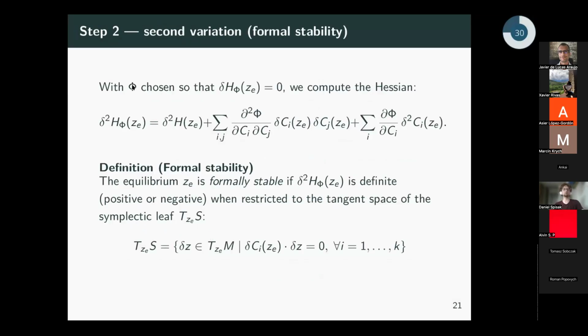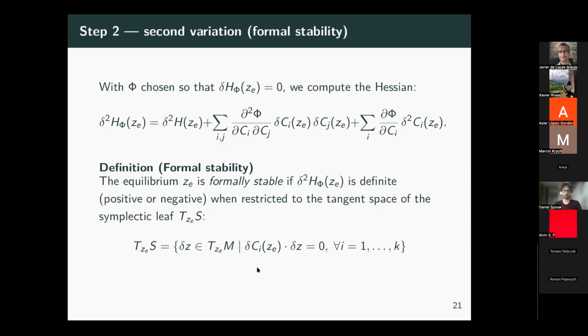So now we have a phi chosen so that the first variation vanishes. Now we compute the Hessian, and restrict it to the tangent space. So the equilibrium is formally stable if the second variation at this equilibrium is definite, positive or negative, when restricted to the tangent space of the symplectic leaf.